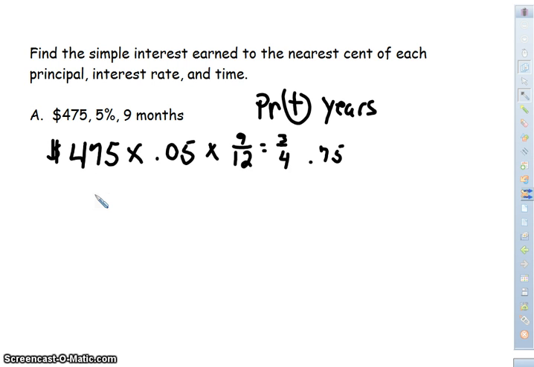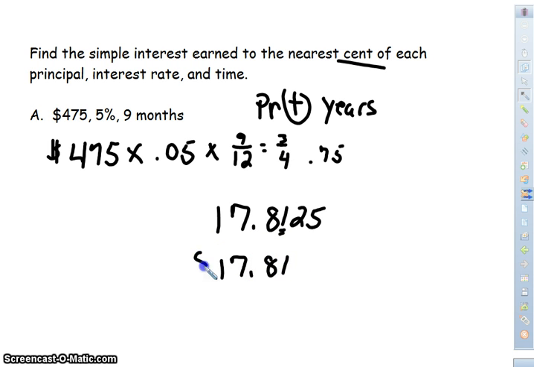So go ahead and plug it in. 475 times 0.05 times 0.75 equals $17.8125. Again, near a cent, which is the hundredths place value. So $17.81 is the interest earned on $475 at 5% for 9 months.